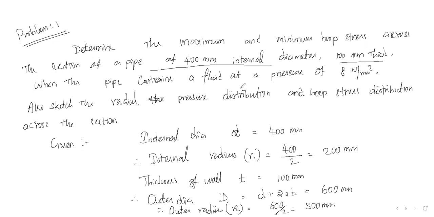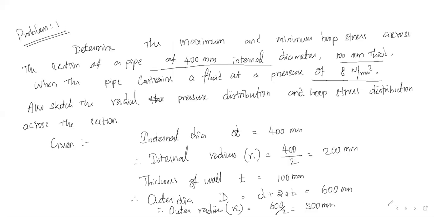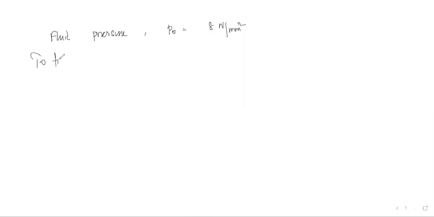Then the pipe contains a fluid at a pressure of 8 Newton per mm square, so the fluid pressure P0 is equal to 8 Newton per mm square. Find the minimum and maximum hoop stress.